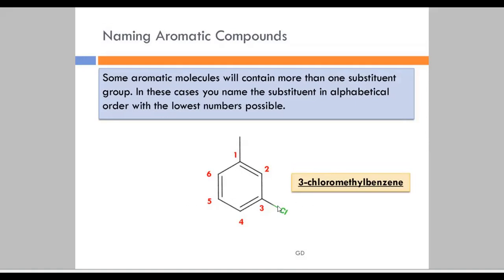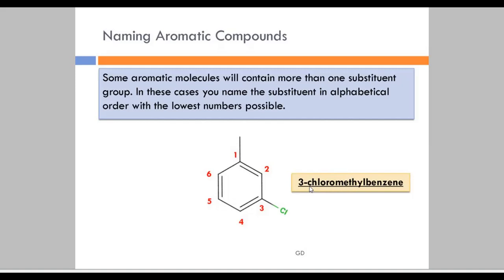Okay. So this compound is 3-chloro, even though the methyl has priority over the chlorine, I still have to name it first because of the alphabetical order. The location of these substituents doesn't mean they have priority over the next.